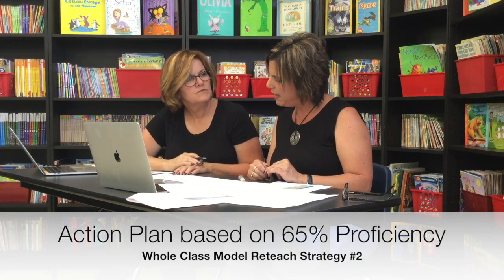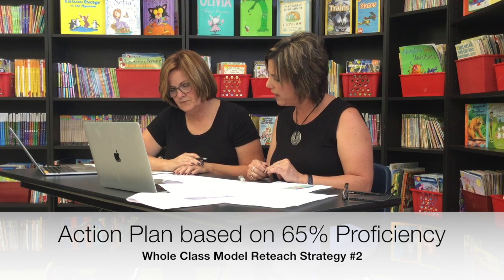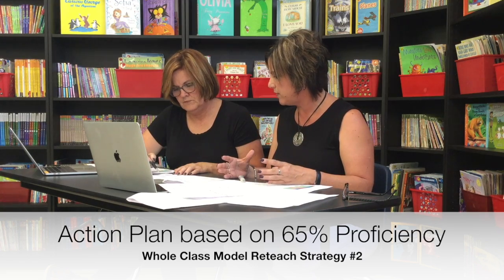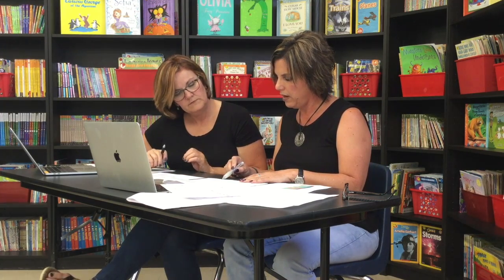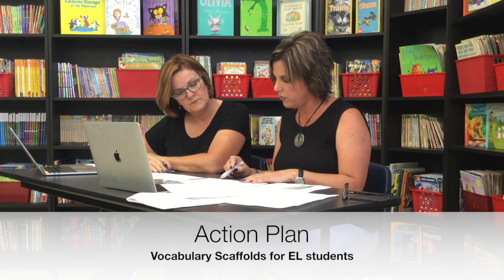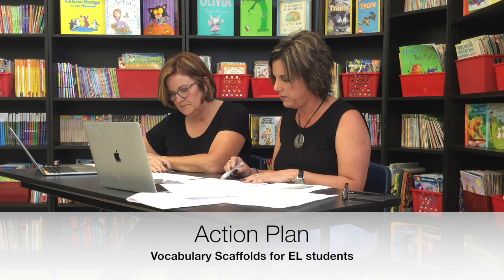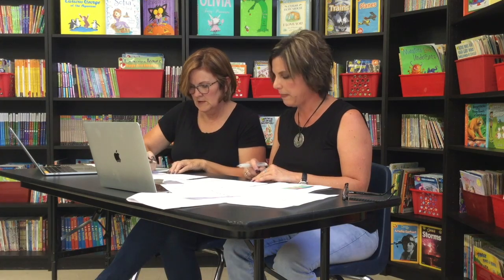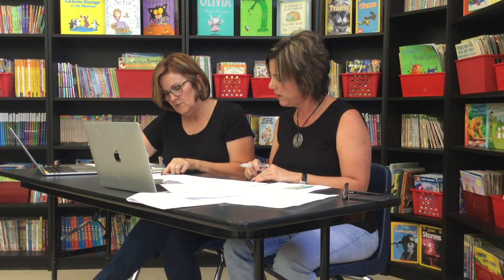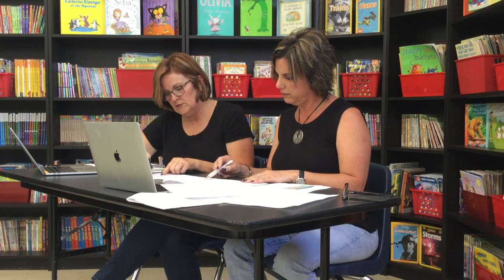I think I may need to whole class model just what map to choose, like we discussed earlier. And we were also talking about their struggle with the vocabulary, so maybe some scaffolding for vocabulary for your EL kids.